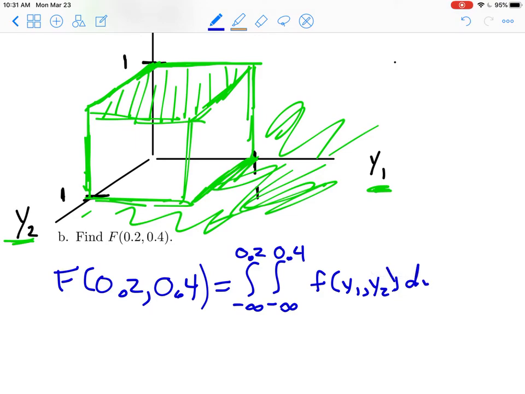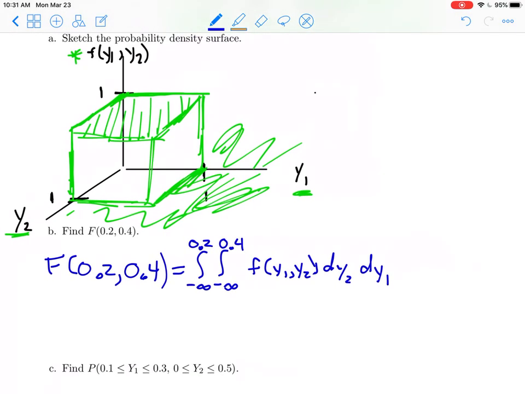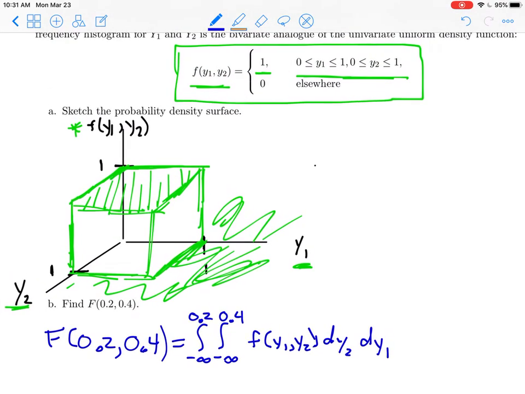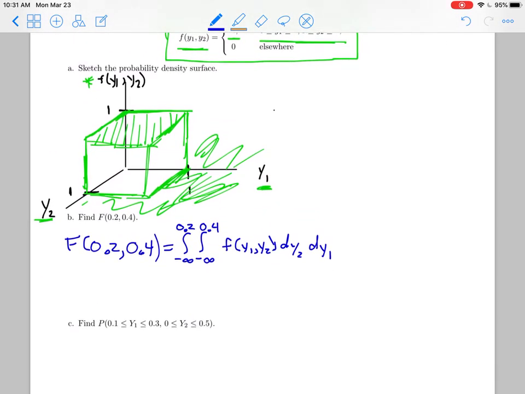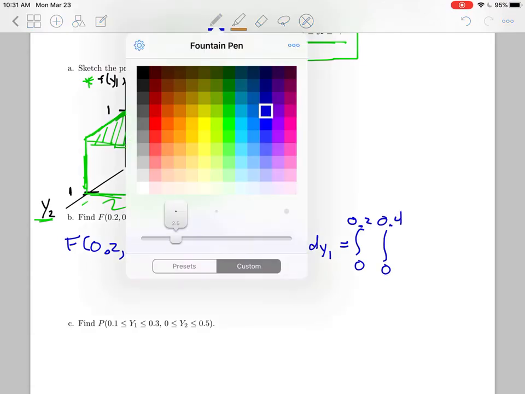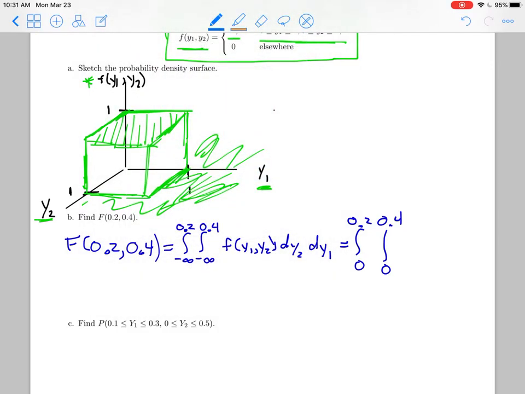Now, we only have non-zero values when y1 and y2 are between 0 and 1, so we can simplify this to an integral from 0 to 0.2 and 0 to 0.4, and the function in those ranges will just be 1.